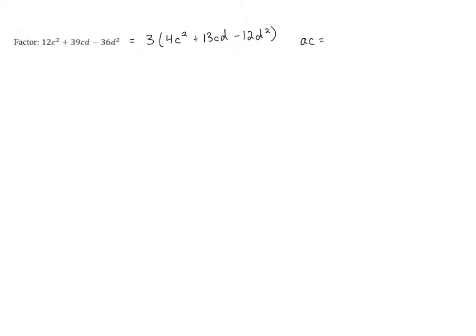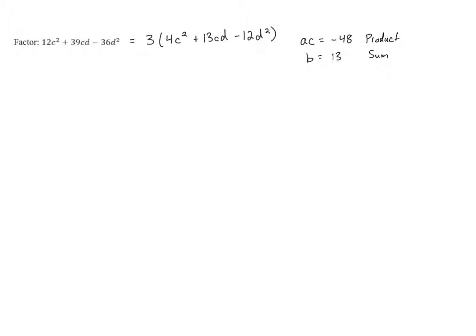In this problem now, AC is going to be negative 48 because A is 4 and C is negative 12, and 4 times negative 12 is negative 48. And B is going to be 13. So we need two numbers that have a product of negative 48 and a sum of 13.